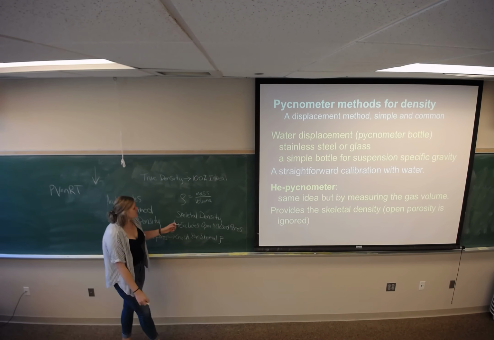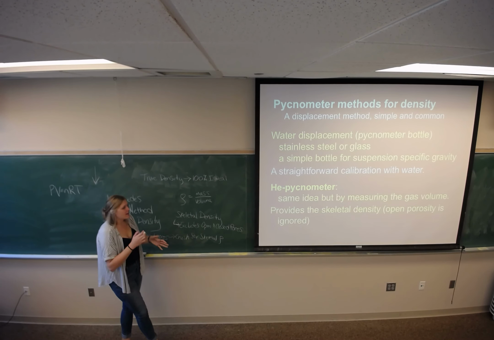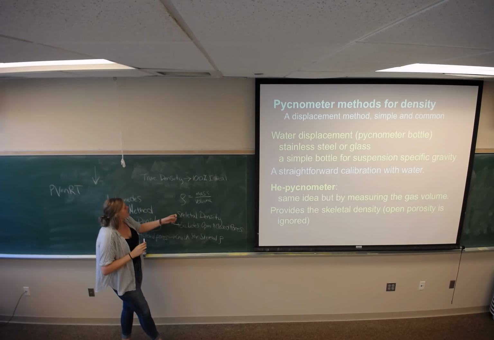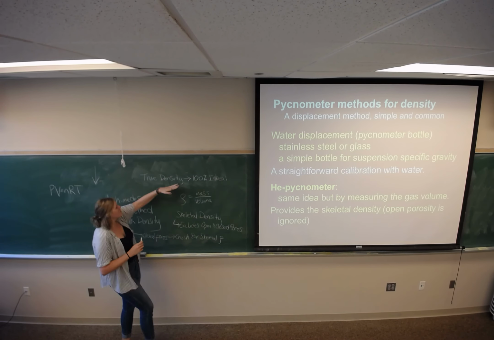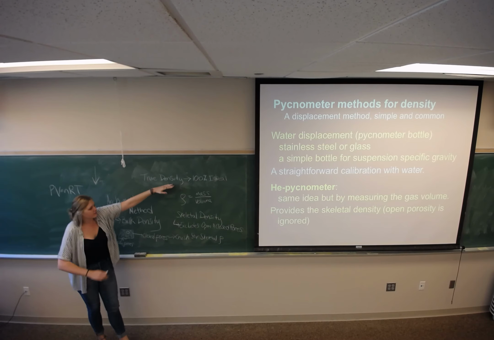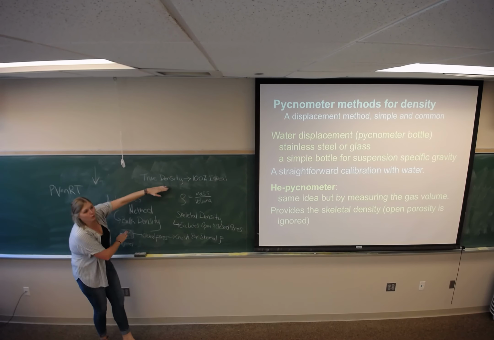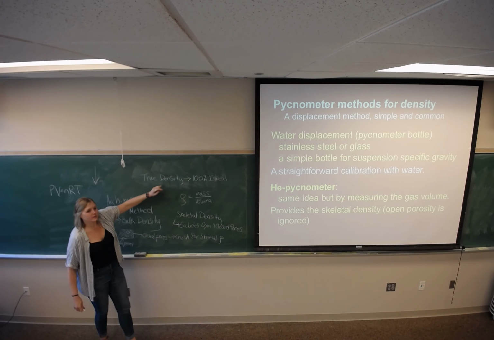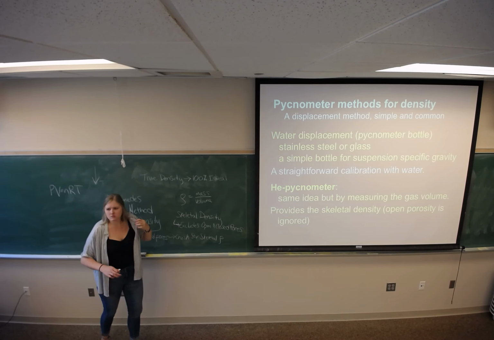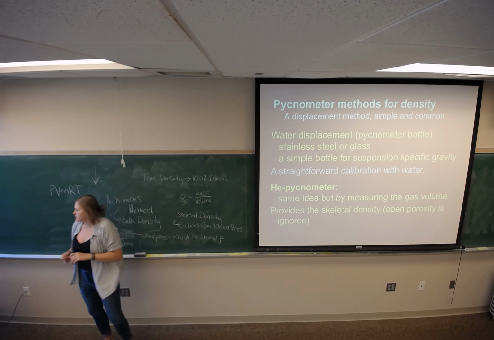So we'll often crush it into a fine powder to eliminate any of those closed pores before we measure it in the pycnometer. So we'll have to clarify with him, but I believe the skeletal and the true should be very close, but the true is in the case of absolutely no closed pores influencing your density measurement. Any questions about that? Okay. Can we go to the next one?